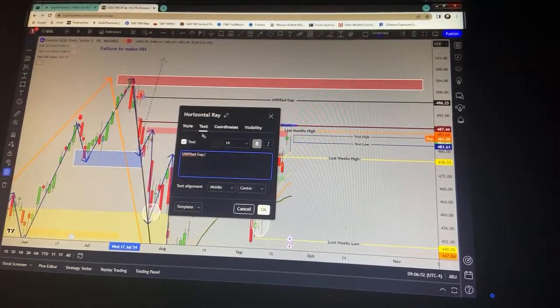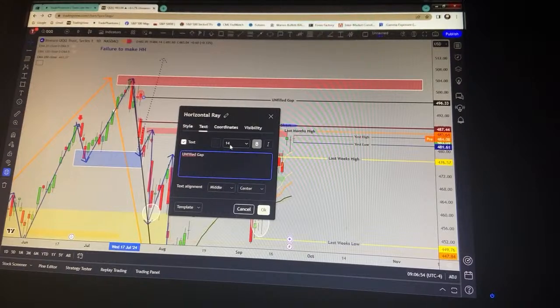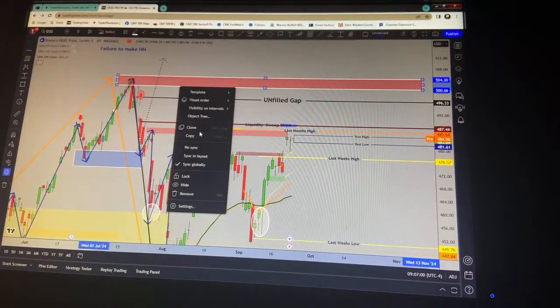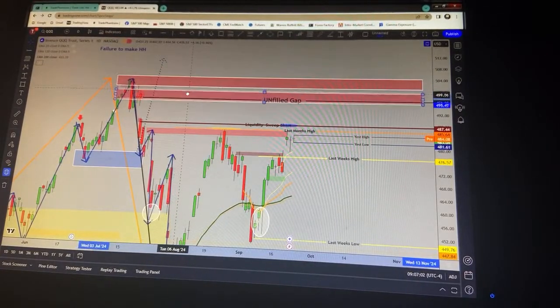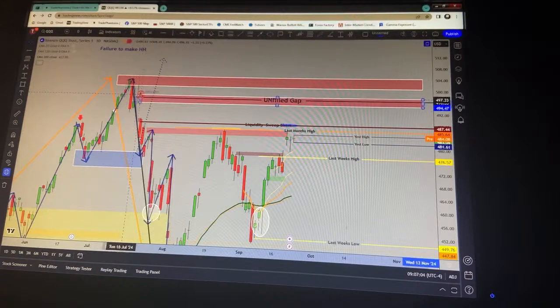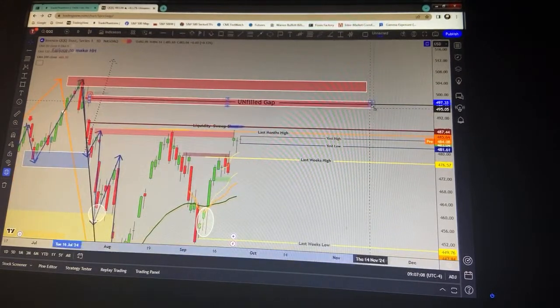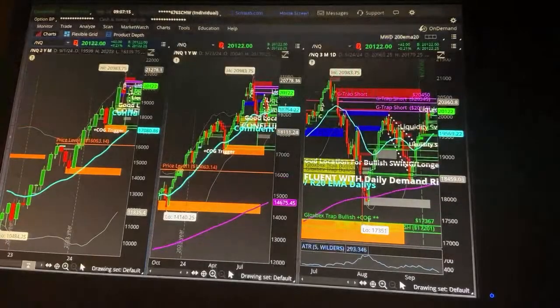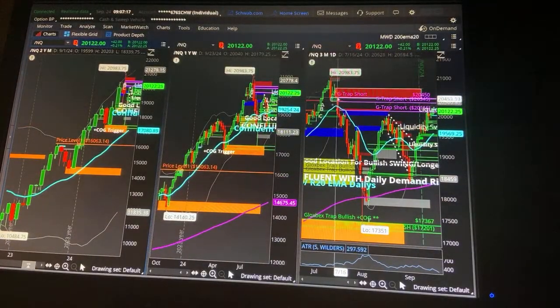I'd want to use this as confluence for futures as well. And that date is July 16th. So July 16th, and you can see July 16th right there on futures.